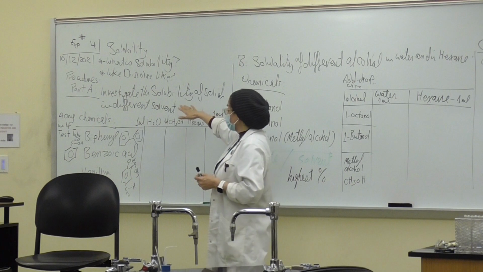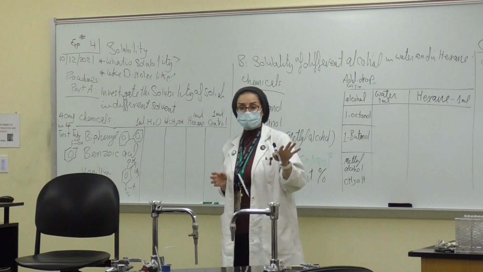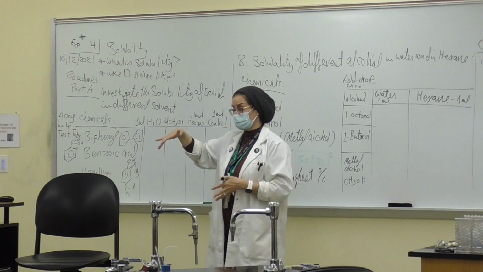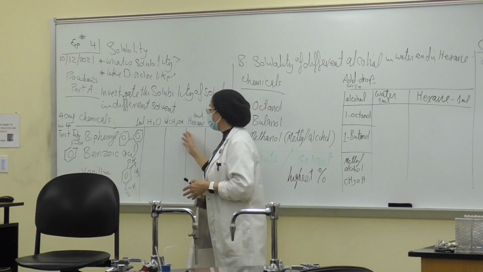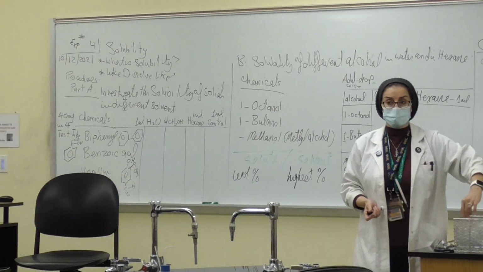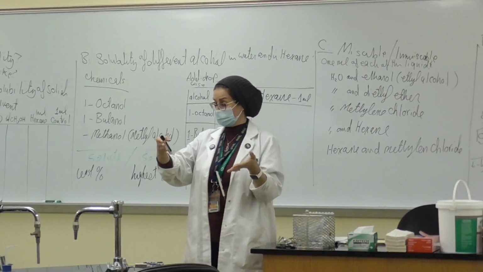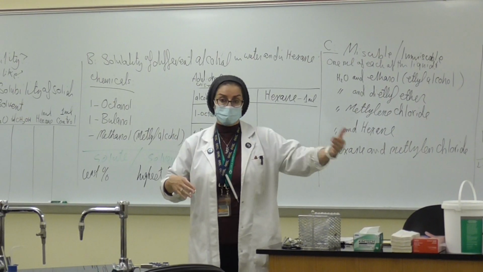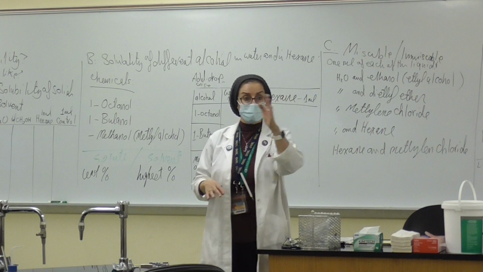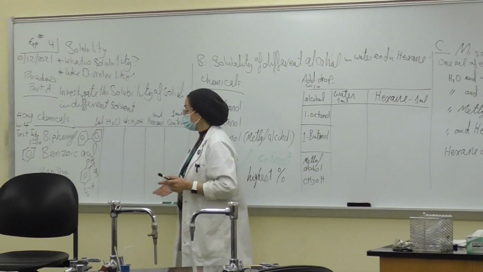For the first part, it says investigate solubility of the solid in different solvents. So that's part 1. Okay, part A, we're going to have 4 test tubes. These are the test tubes that you are using, 4 of them. You have the test tube rack, you put them, 4 of them. Keep one as a control.